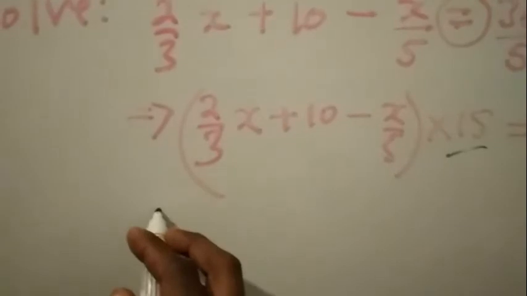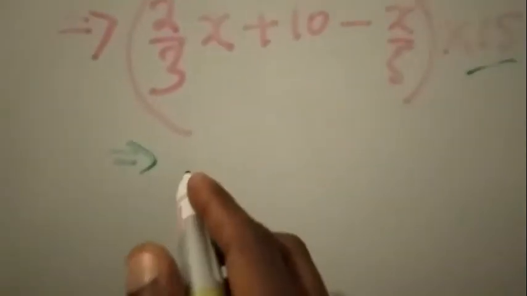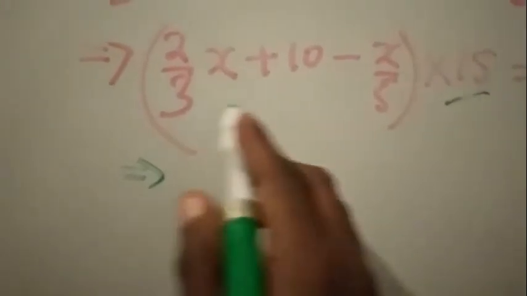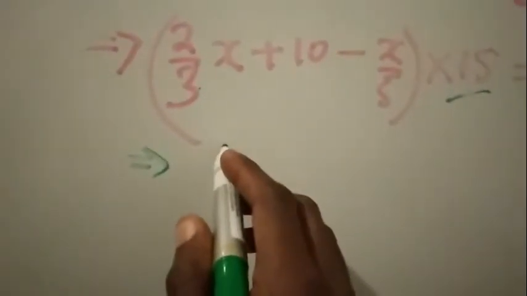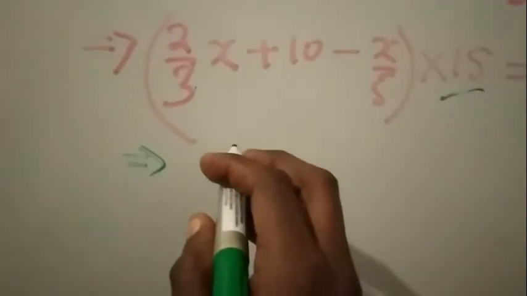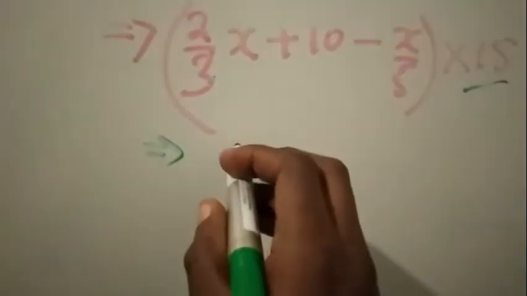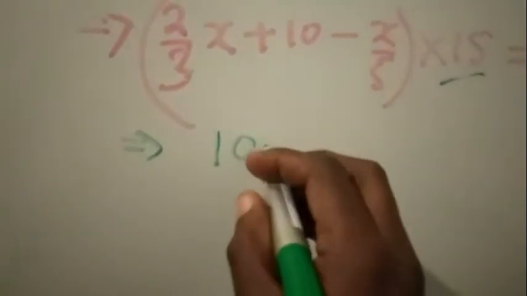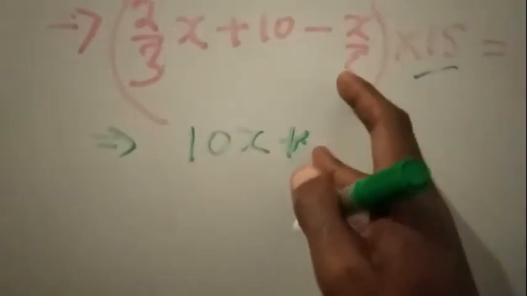Therefore, when you multiply this, it is going to be this times this. You get 2. This into 15, you get 5. 5 times that, you get 10x plus.